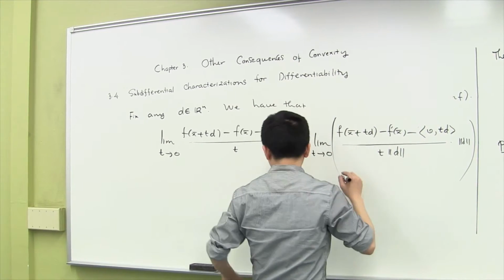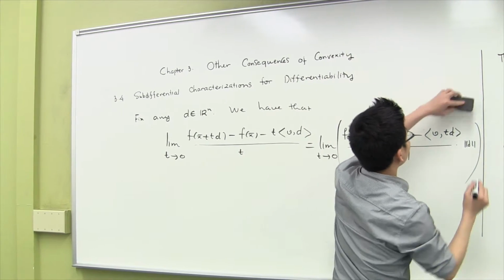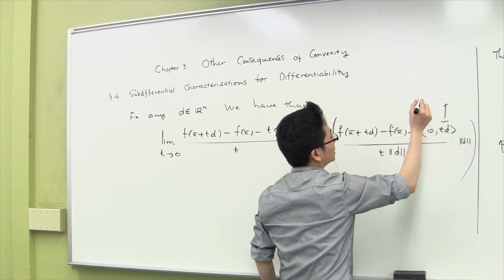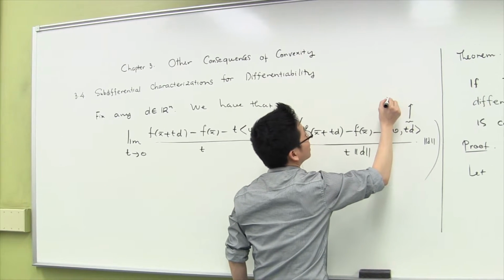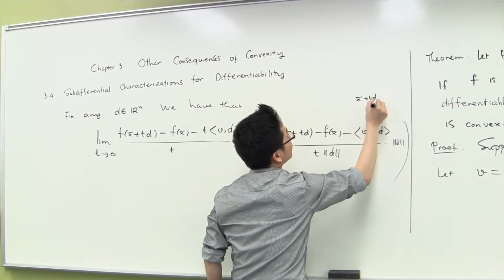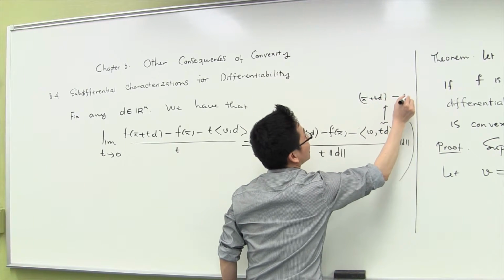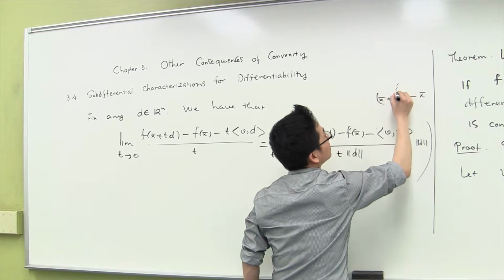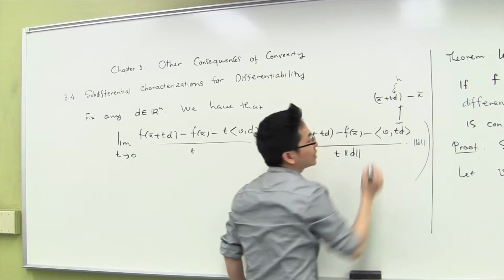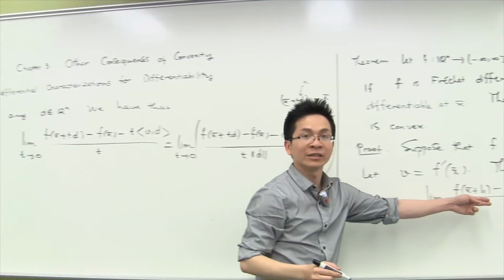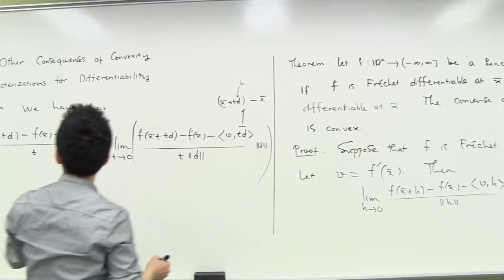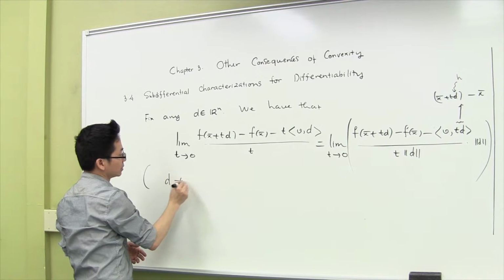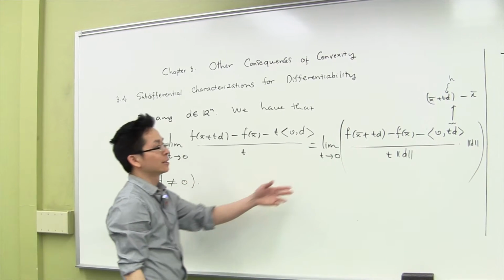So observe that t times d here is exactly x bar plus t times d minus x bar. Okay, so t times d here plays the role of h in this definition. And here we look at the case where d is not 0, so that we can divide.